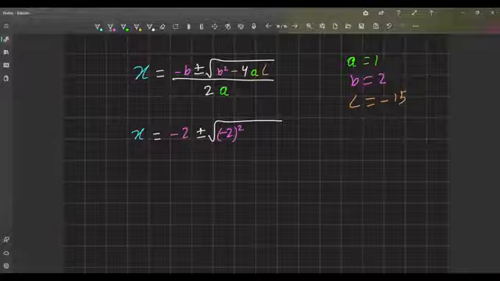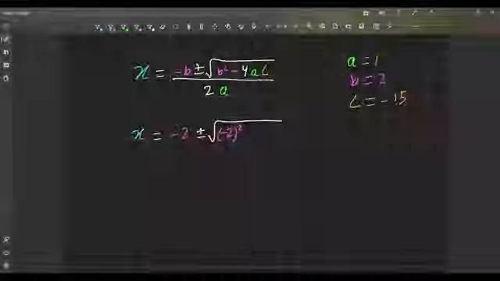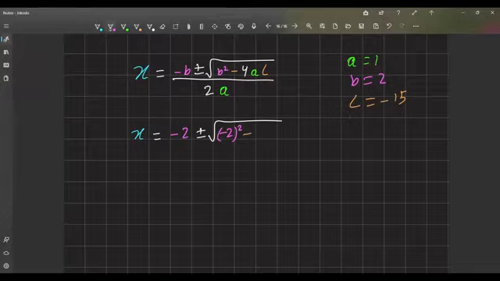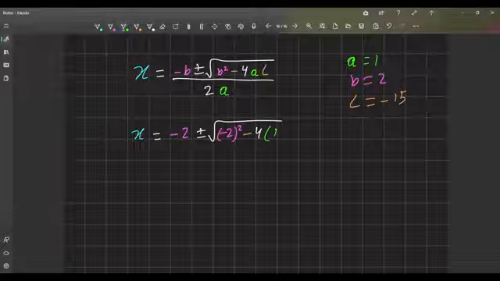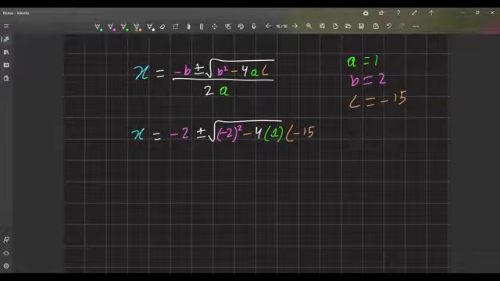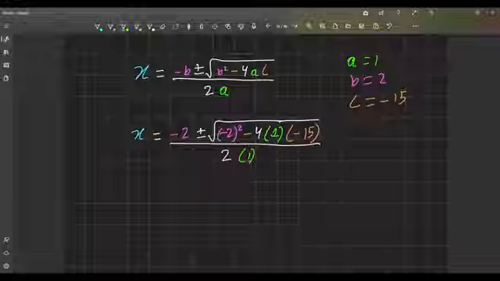Now the square is of b, so the negative would be inside the bracket for the square, and this would be minus 4, and then 4 would be multiplied by the value of a, which is 1, and this would be multiplied by negative 15, which is the value of c, and all of this would be divided by 2 and then the value of a, which is 1.